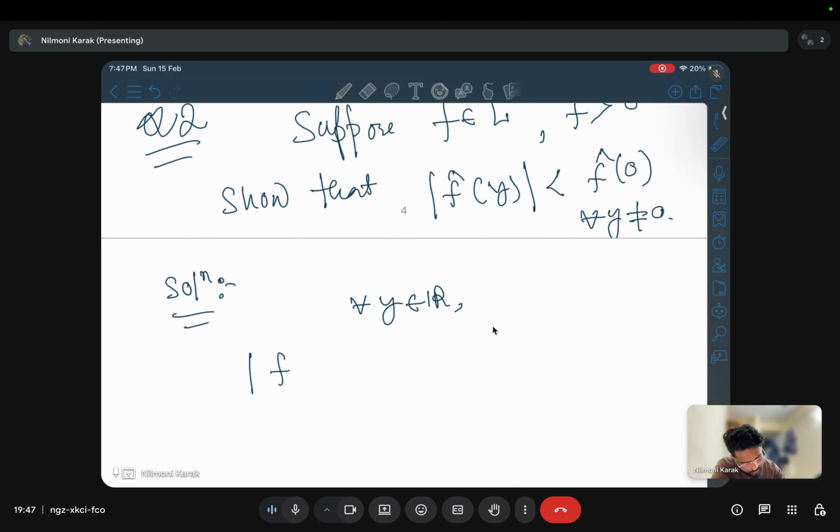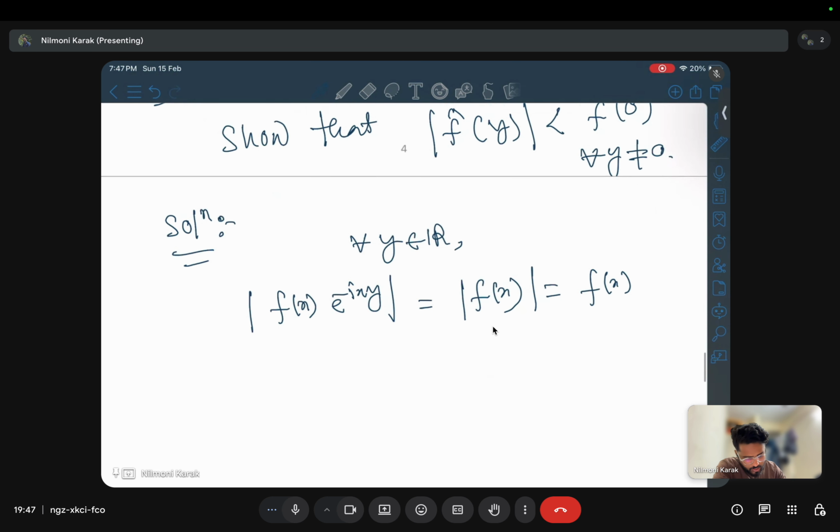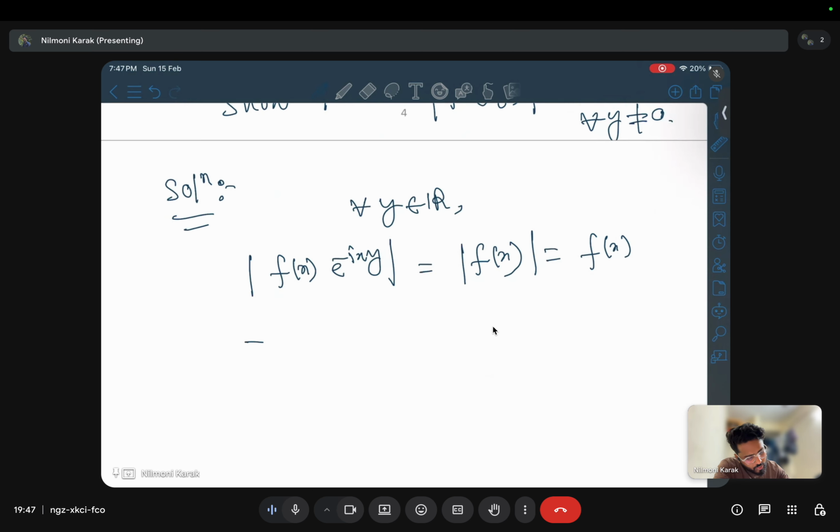The modulus of f of x e to the power minus ixy is equal to the modulus of f of x, and f is positive, so the modulus of f of x is f of x. And so from here, f of x e to the power minus ixy is in L1.